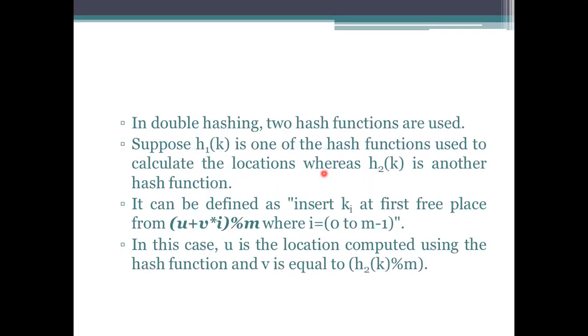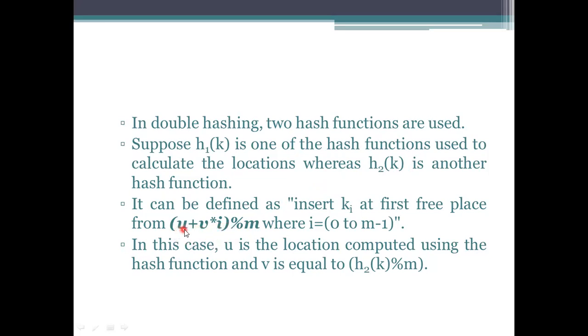So here we provide the same representation, but it is taken as h1 of x and h2 of k or x. If you have failed at h1 of k, then we will go for h2 of k. If you have failed at the double hash functions also, then insert the key at the free space. The free space will be u plus v into I.